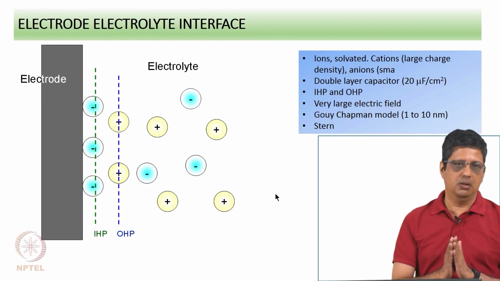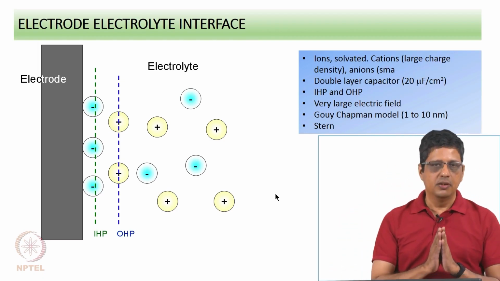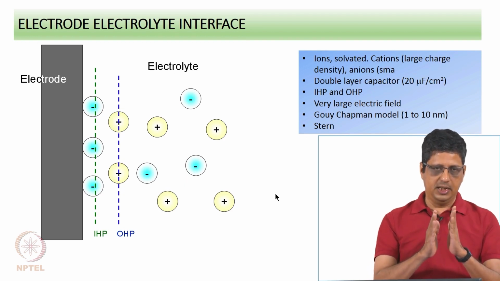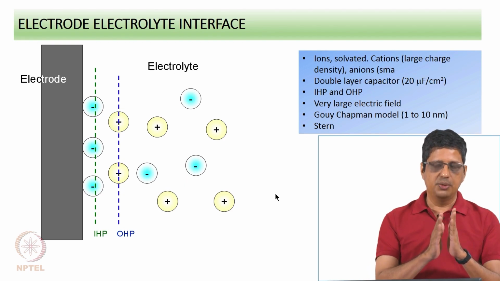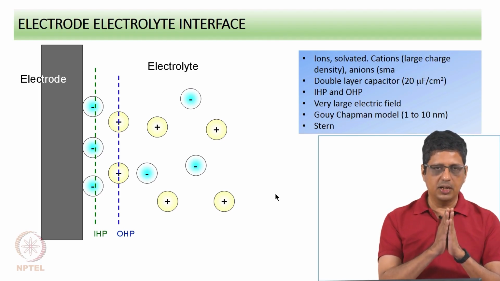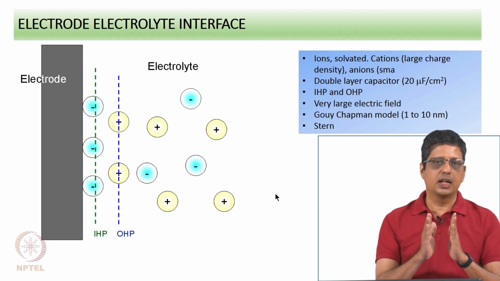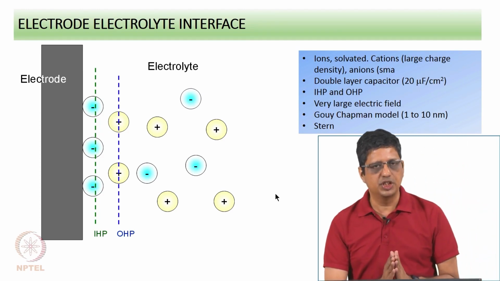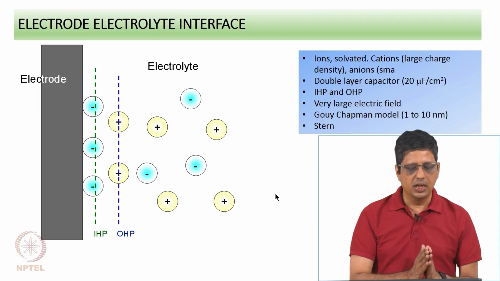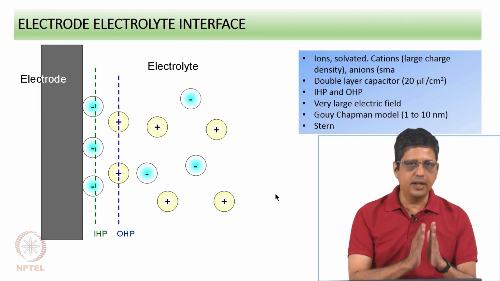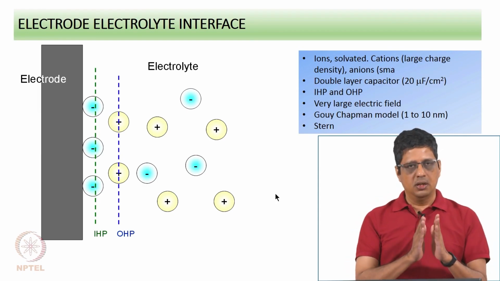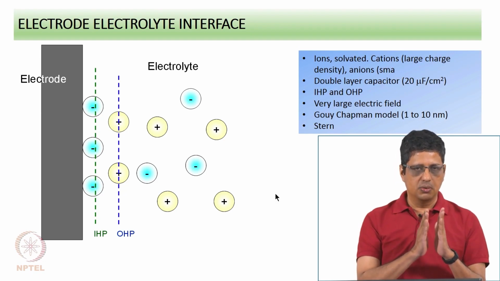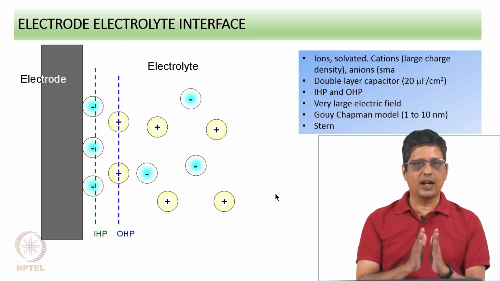There is another model called the Gouy-Chapman model, which says that from the electrode for about 10 nanometers or so the charge distribution occurs. So, it is not occurring in 1 nanometer, but it actually occurs over a 10 nanometer distance. And there is a model called the Stern model which combines the inner Helmholtz plane, outer Helmholtz plane and Gouy-Chapman model, which says a lot of these charges are lined up right next to the electrode, but some charges are distributed further away from the electrode.